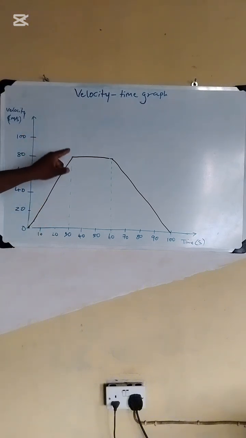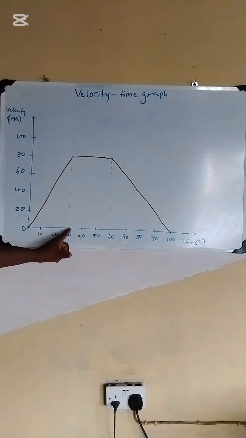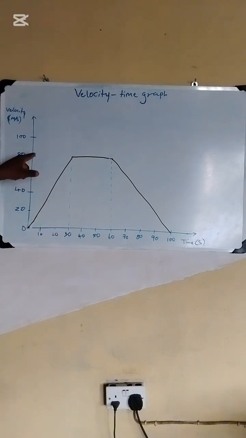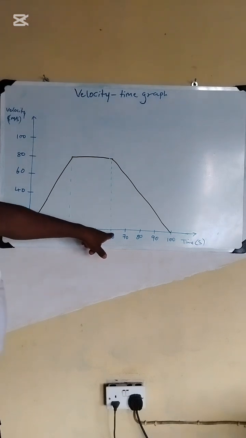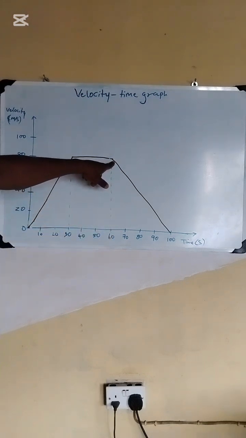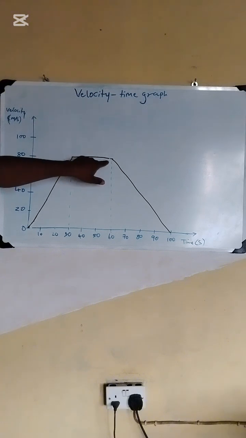The car then maintains that steady speed for the next 30 seconds. Look at here, it takes the car another 30 seconds to maintain that steady speed.